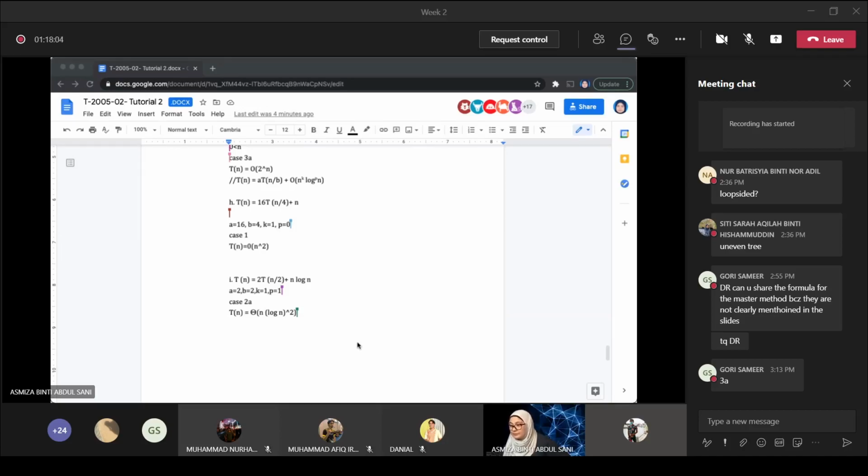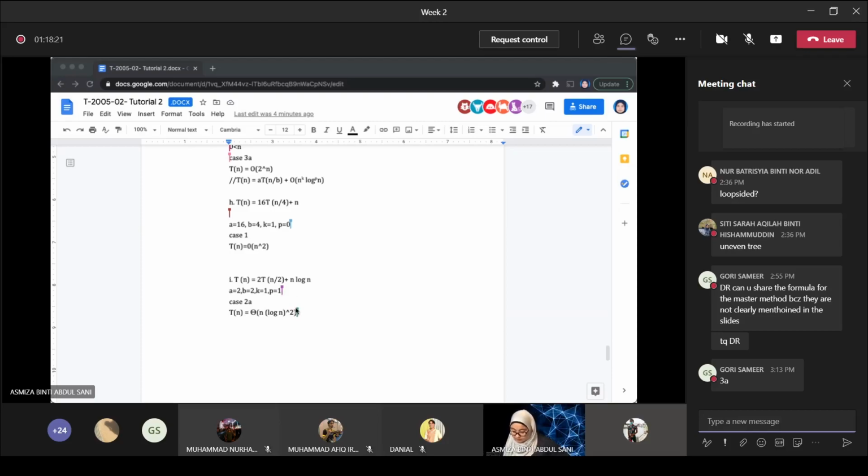All right, so for I, T(n) = 2T(n/2) + n log n. Okay, so a is equal to 2, b is equal to 2, k is equal to 1, so it is case 2. p is equal to 1.